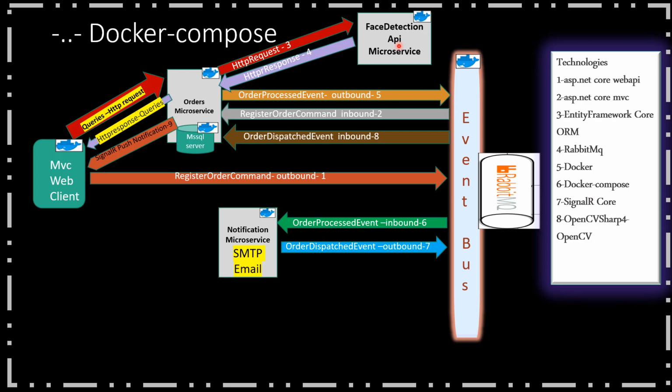Once the faces are detected and saved in the orders microservice, the faces data need to be transmitted to the message bus so that our customer notification microservice could pick it up and dispatch the order to the customer.